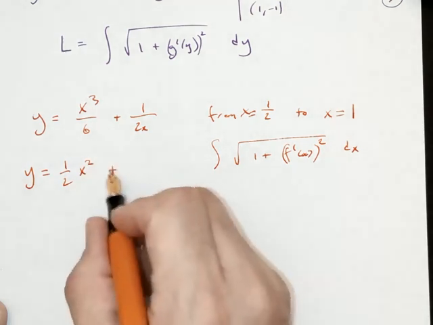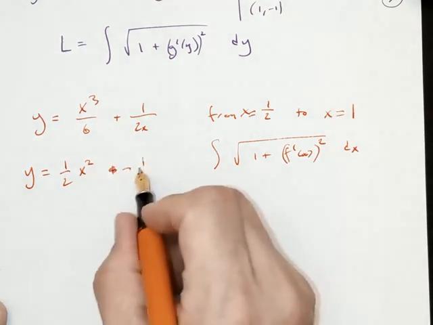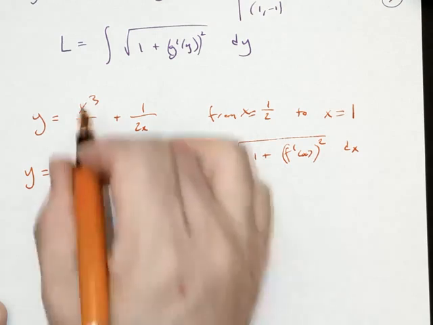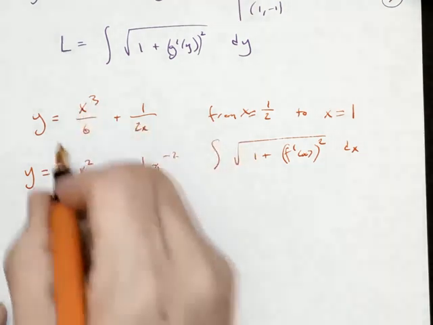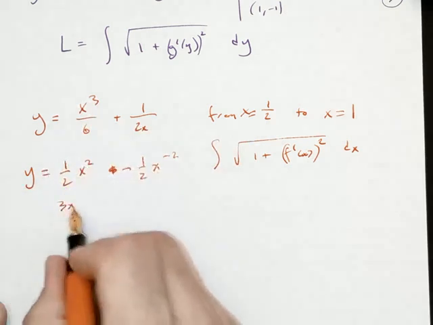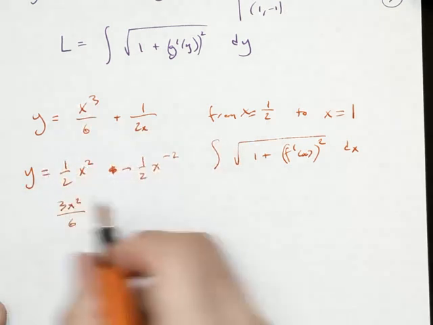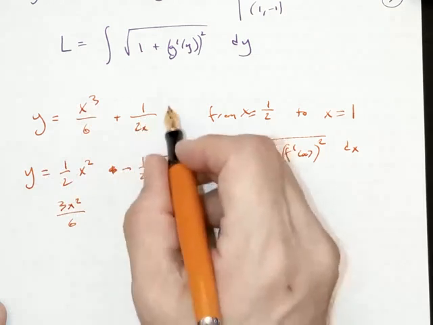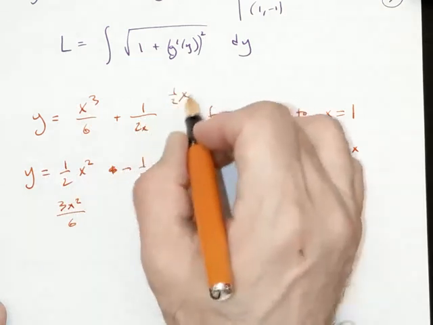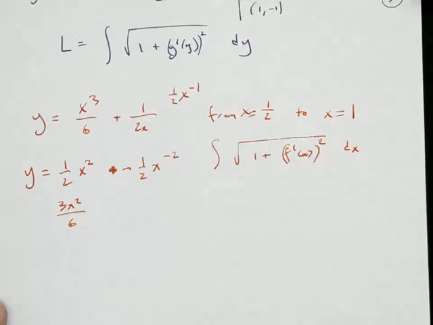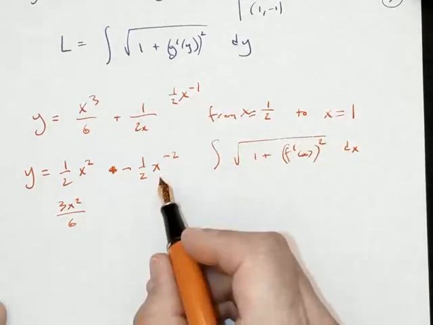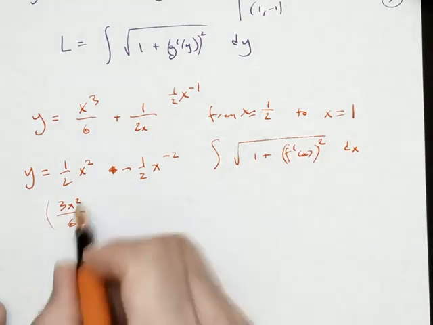And the minus 1/2 x to minus 2. Aha. Because remember, the derivative of x cubed is 3x squared. So I'm going to get 3x squared over 6, and the 3 and the 6 will cancel. But I need to write this as 1/2 x to the negative 1. That's where I get this. Okay.